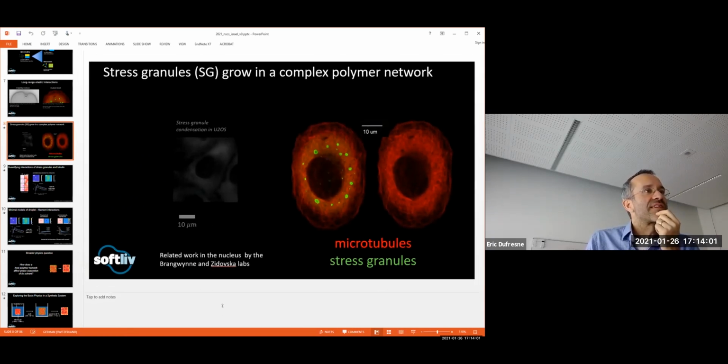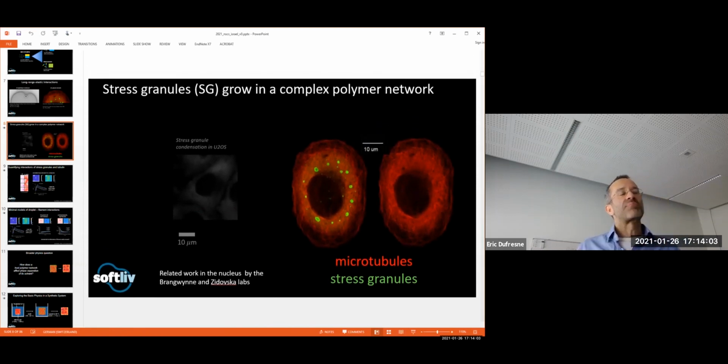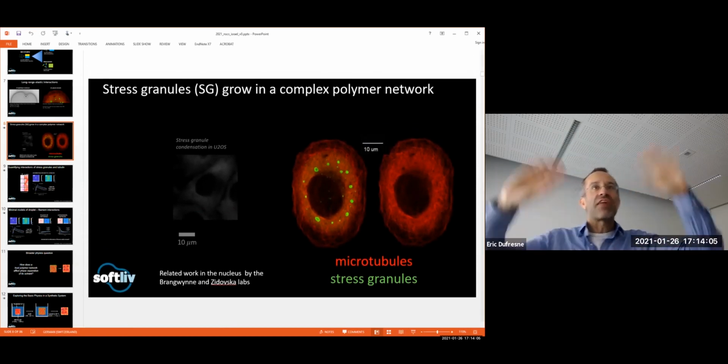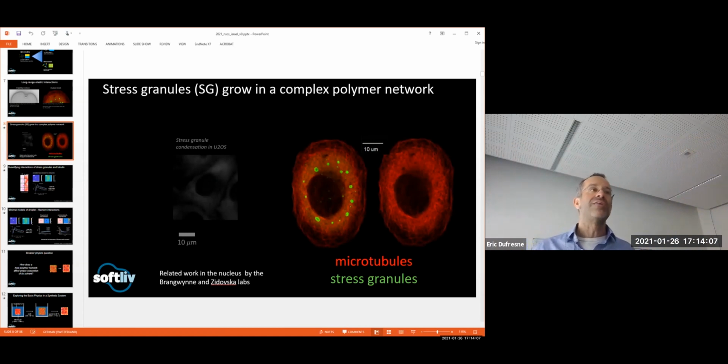One, the most skeptical answer is that my other experiments have nothing to do with what's happening in the cell at all. I admit that might be a possibility, but a more generous interpretation, assuming they're related, is that the droplets in the cell are interacting with the polymer network at the mesh scale.